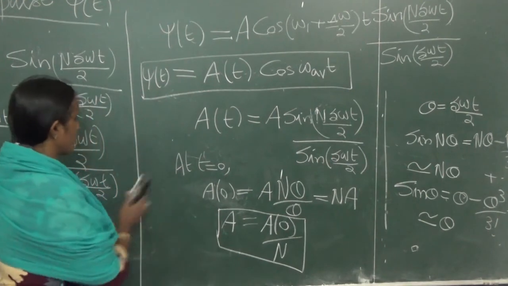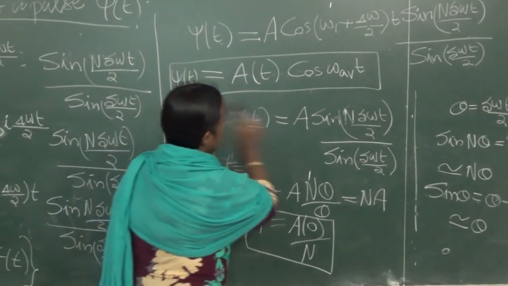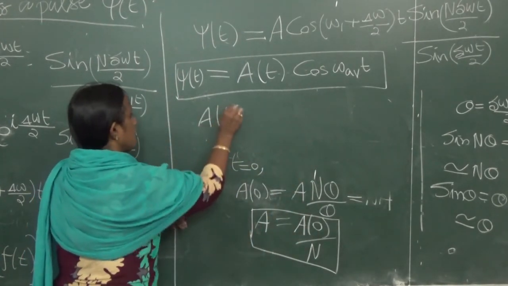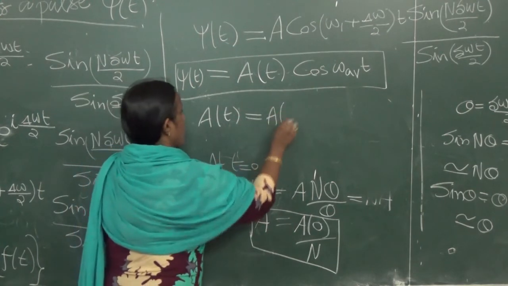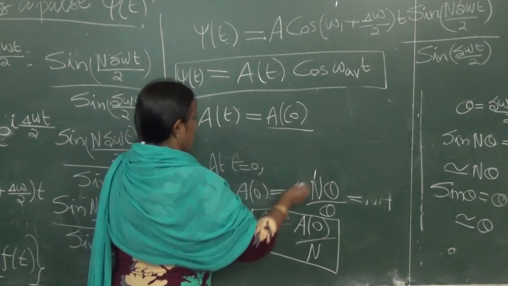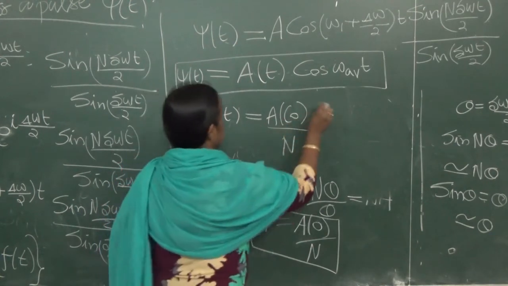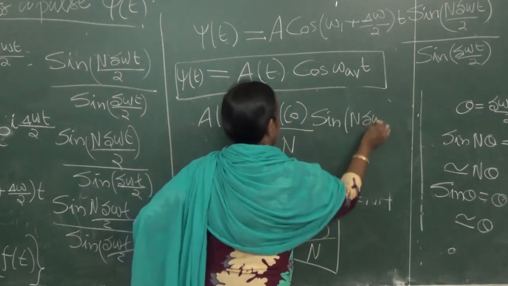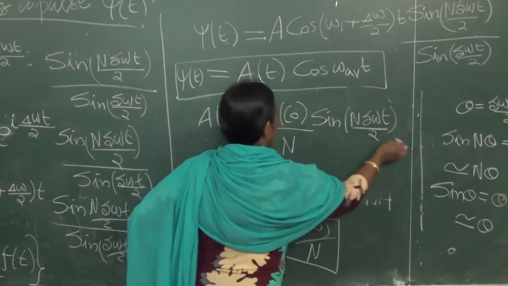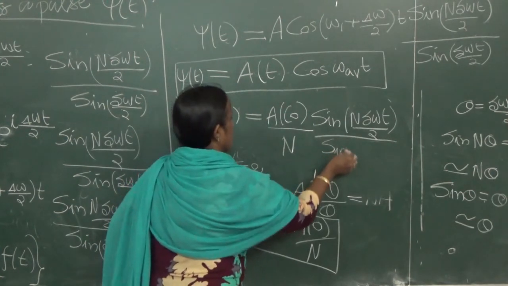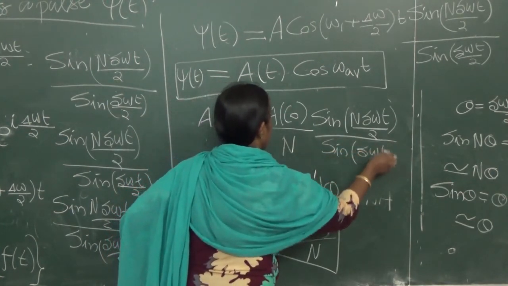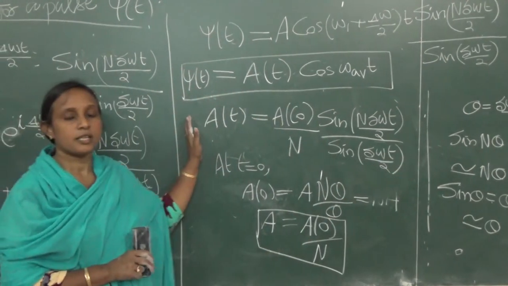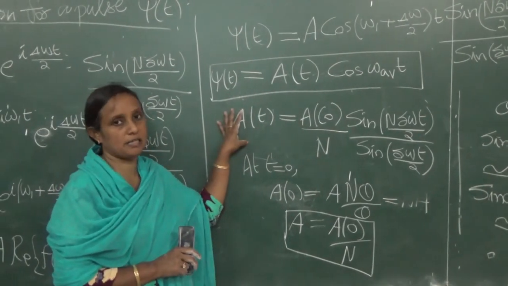Your new amplitude can be written as A(t) equal to A(0) by n into sin(n delta omega t by 2) divided by sin(delta omega t by 2). This is the expression for a pulse.